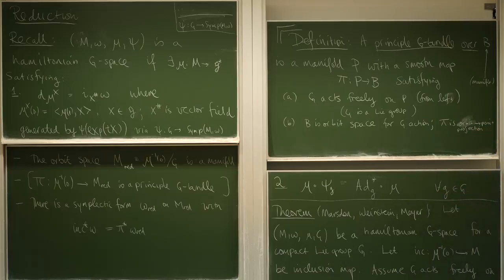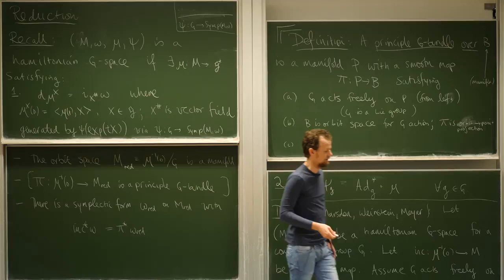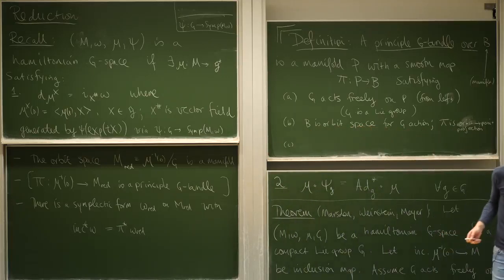So secondly, B is the orbit space for this action, and pi is the orbit to point projection. That's one final condition.